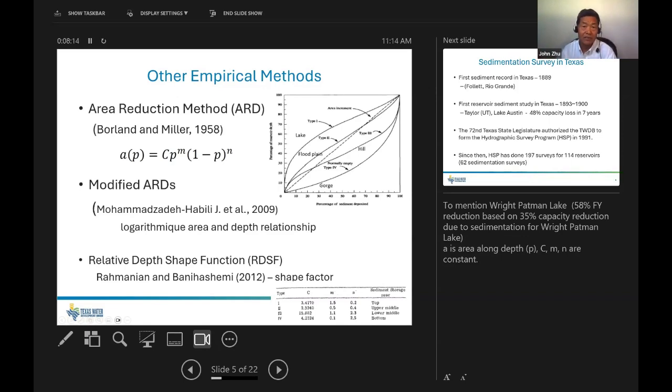But it is still a theoretical thing. The formulation looks like this, and they all have their constants. Others are similar; later on, in 2009, someone changed the relationship to a logarithmic area-depth relationship. So until now, all these empirical methods assume the sediment follows a particular formula or equal sediment area reduction.